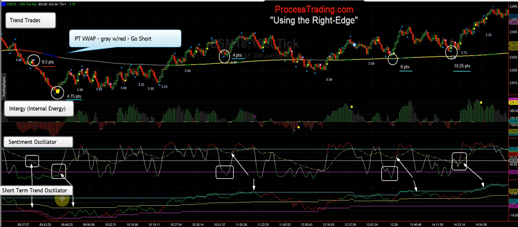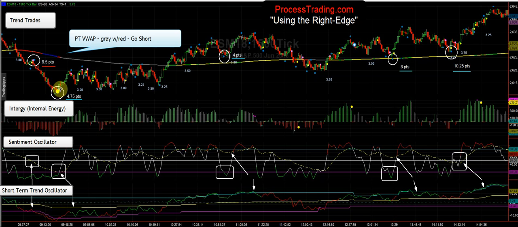And then when we look down to the short-term trend oscillator, it also is cutting up through the bottom of the oscillator. So these three signs here, along with that particular dot, allow you to take the discretionary trade. In the discretionary trade, it is at your discretion as to entries and exits.